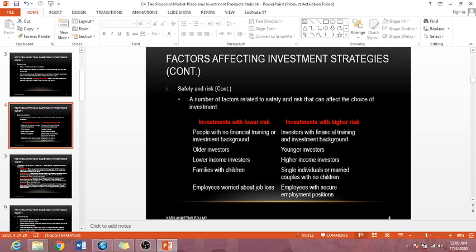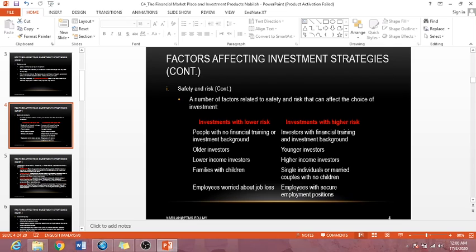Lower risk applies to people with no financial training or investment background, a person from another background, not too expert in finance or accounting. Because they have no background, they will invest in lower risk compared to higher risk.